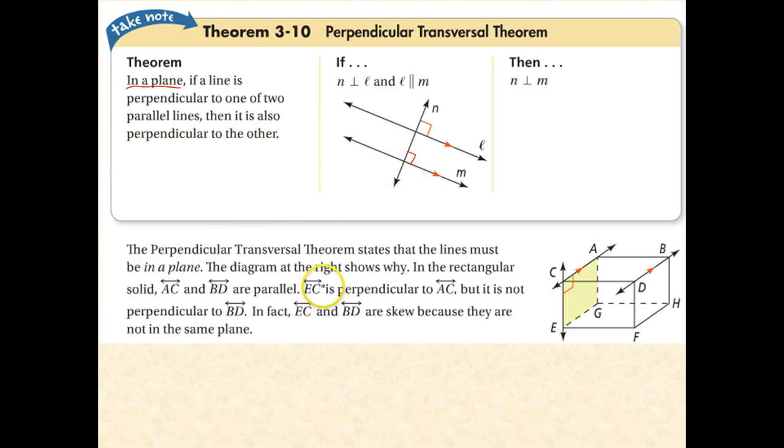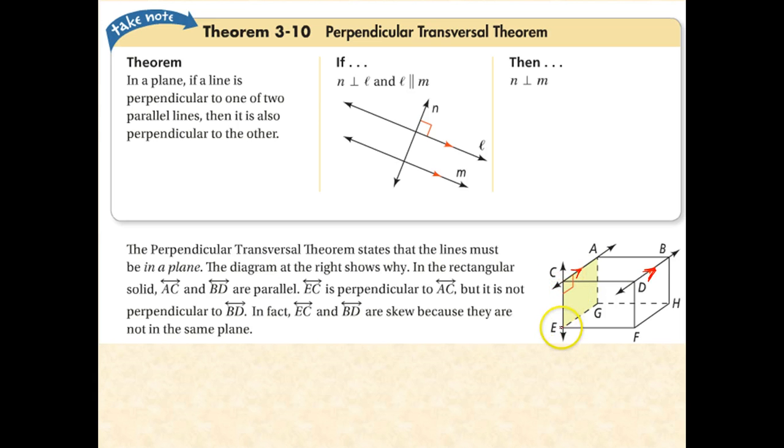So the perpendicular transversal theorem states that the lines must be in a plane. In a plane. And this diagram shows you why. You'll notice that line AC is parallel to line BD, and that line EC is perpendicular to AC.